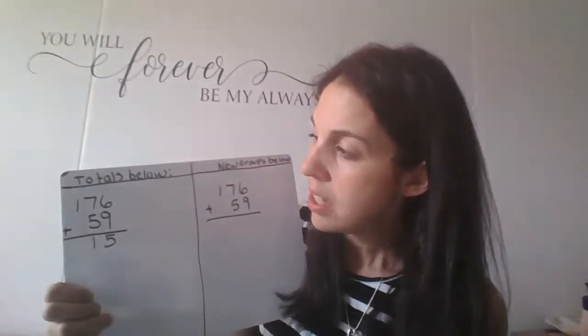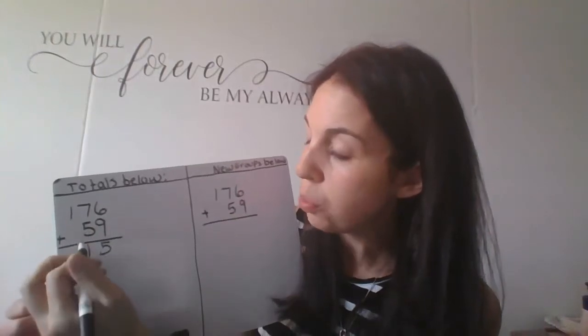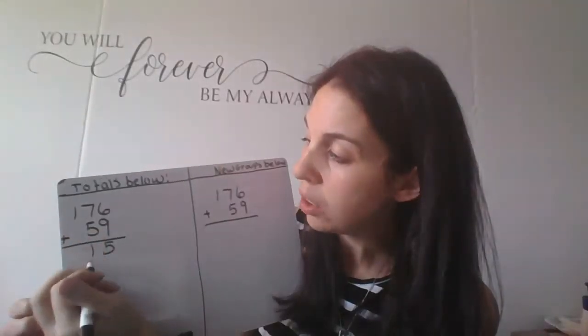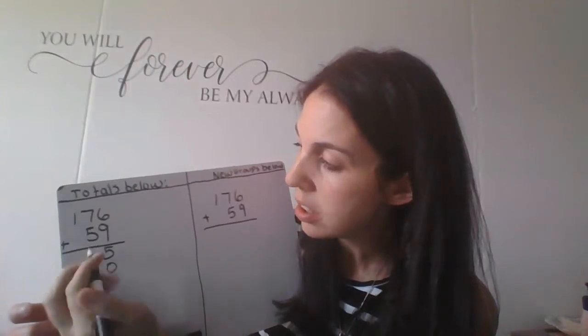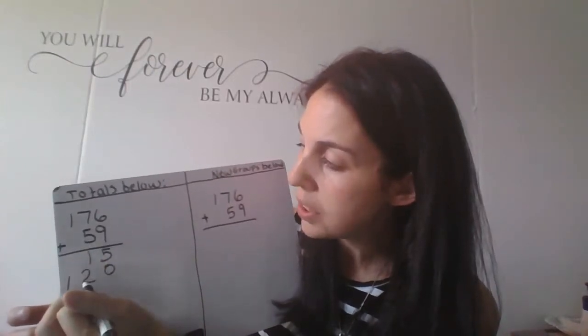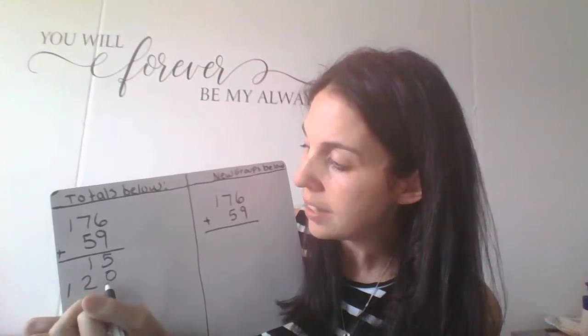Totals below, we're writing the numbers below the line. Now 7 plus 5 is going to give me 12, but it's really 120 because 12 tens is 120, okay? 10 tens is 100. 2 more tens would be 120.